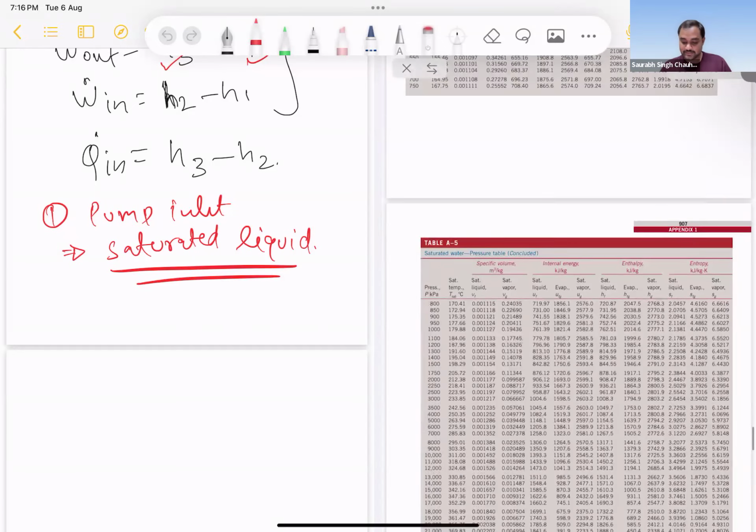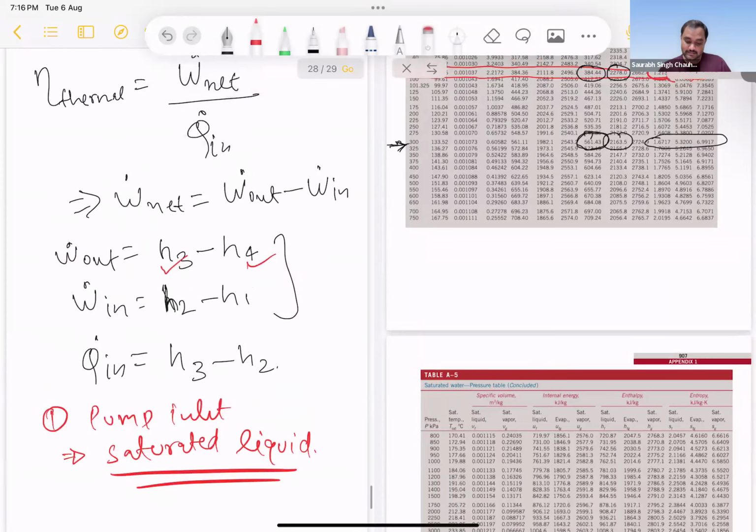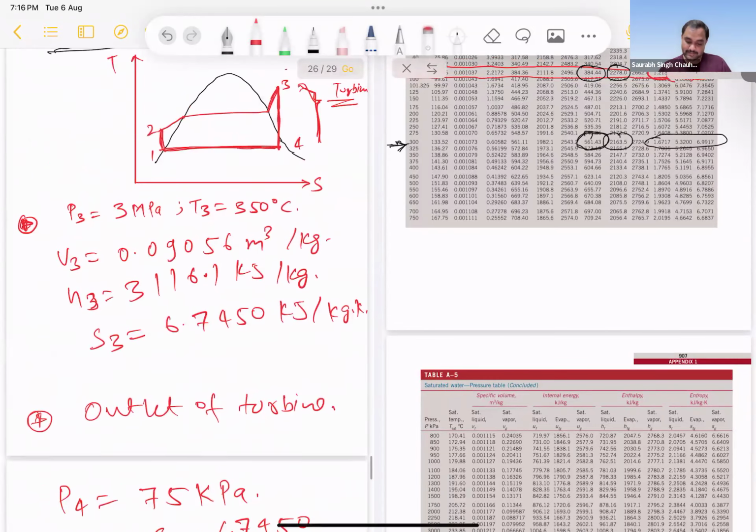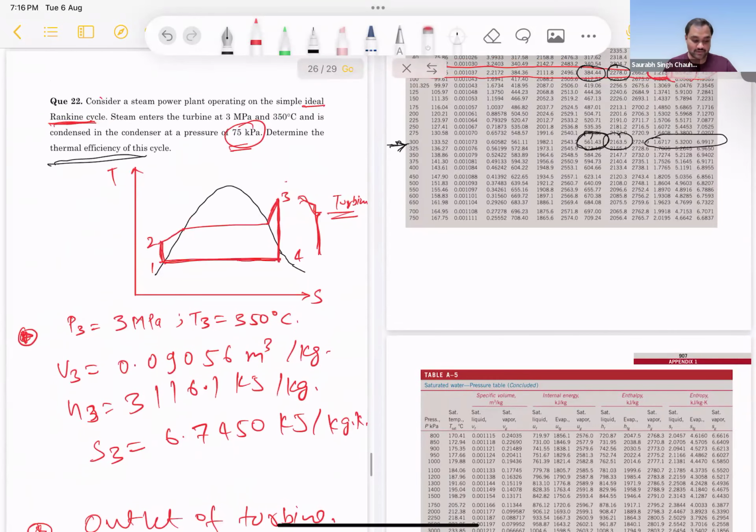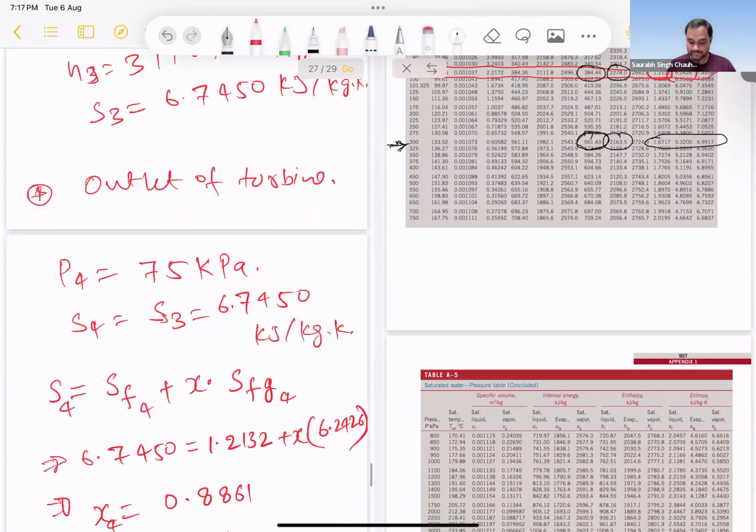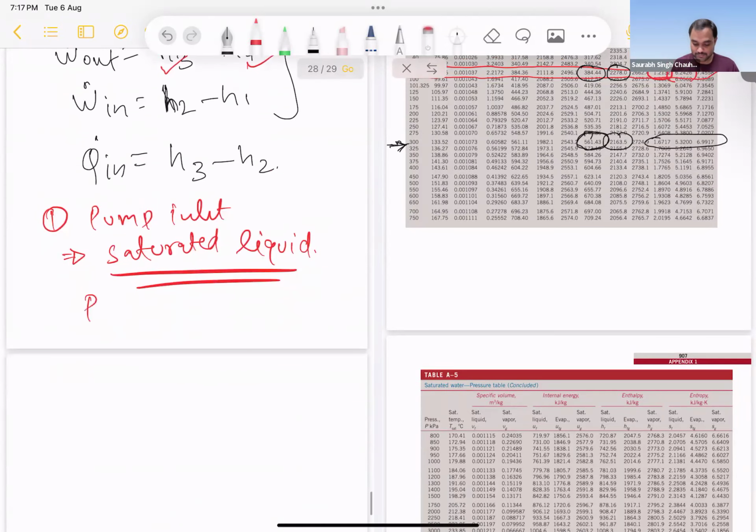And what we have is pressure. Pressure at 0.4 and 0.1 will be equal. P1 will be equal to P4 because condensation process is isobaric. So P4 is given in the question to be 75 kilopascal.